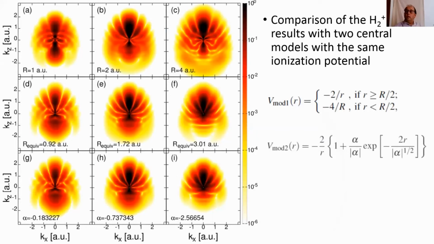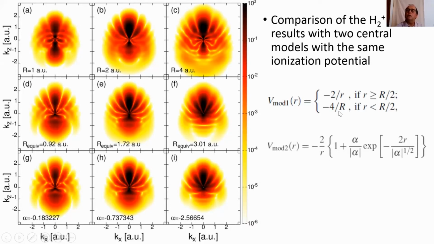If we want to analyze molecular effects in this hologram, we can compare our molecular results with two central models with the same ionization potentials. And we have constructed two spherical models for this molecule.